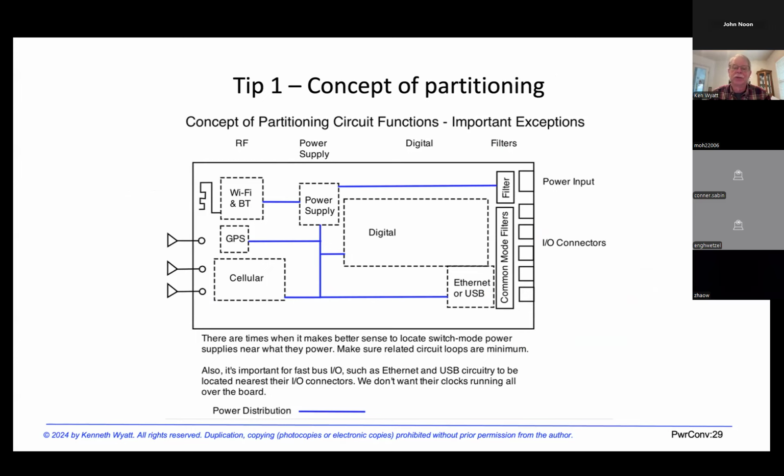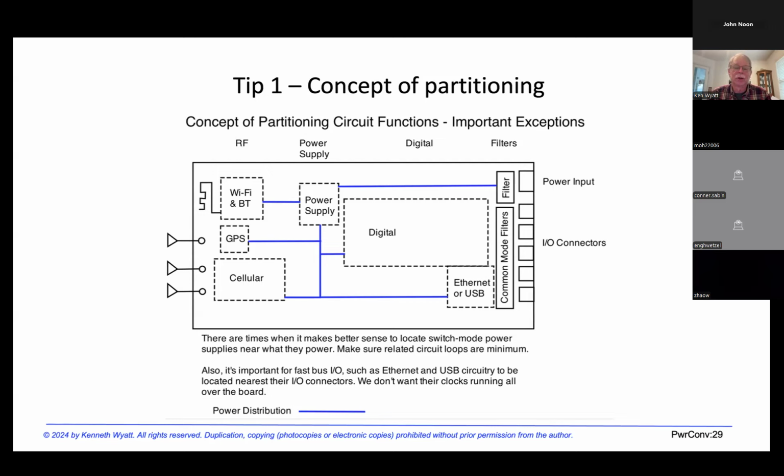And if we have Ethernet or USB or one of those kind of technologies, that circuitry should be located near the I/O as well, so we don't run Ethernet clocks all over the board. All the digital circuitry is generally grouped together, but we want it as far separated from anything wireless or sensitive sensors or analog circuitry, for example.